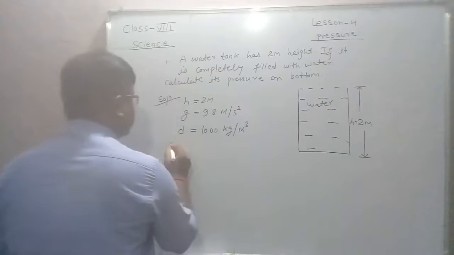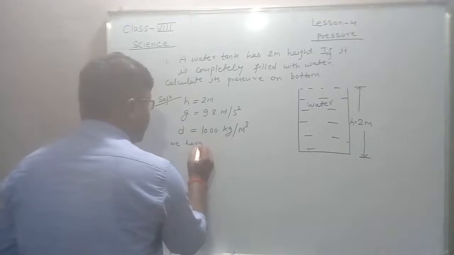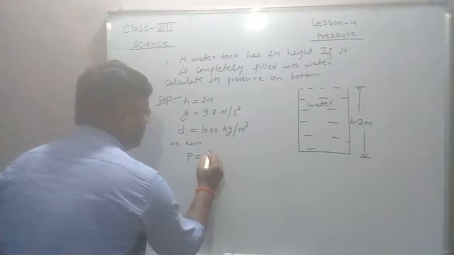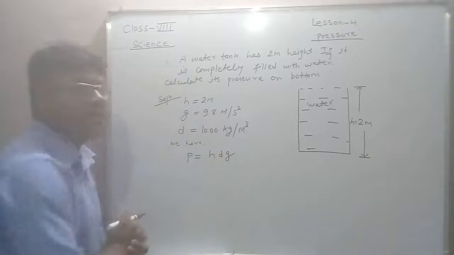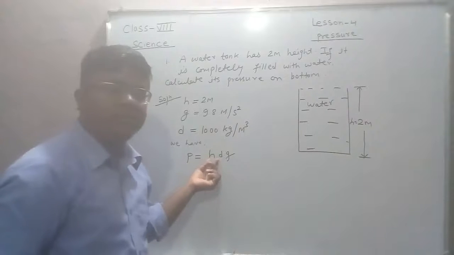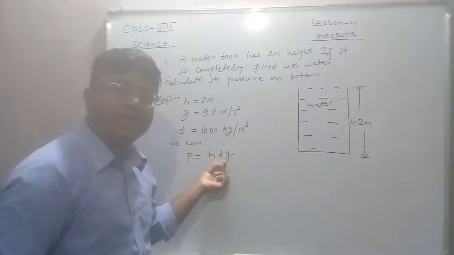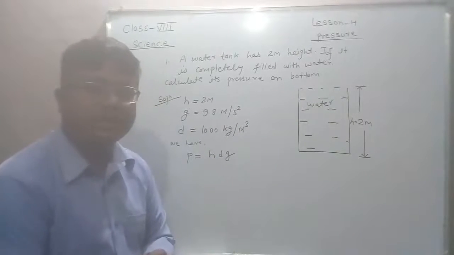So we have liquid pressure P equals H d g: height of liquid column multiplied by density of liquid multiplied by acceleration due to gravity.